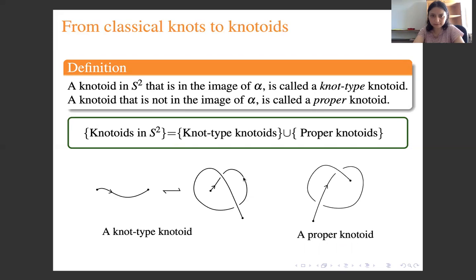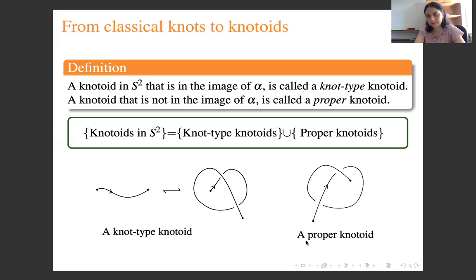It should be clear that there is a Reidemeister 2 move available here to bring the endpoints into the same region. And for proper knotoids, since they are not coming from a knot under this map, any diagram of a proper knotoid will have its endpoints in distinct regions of the diagram.